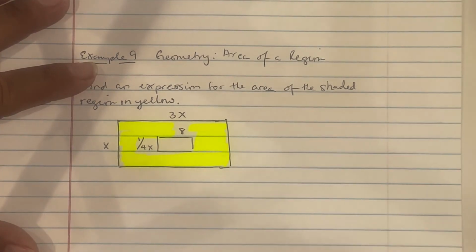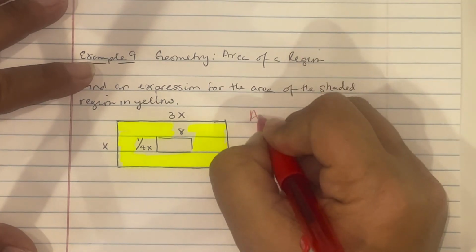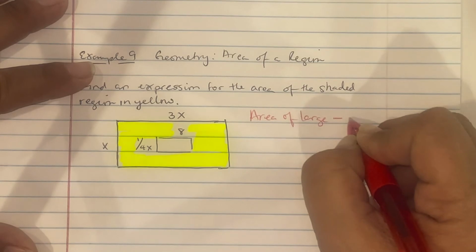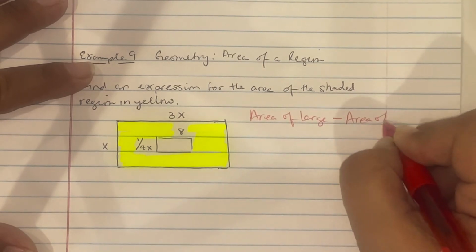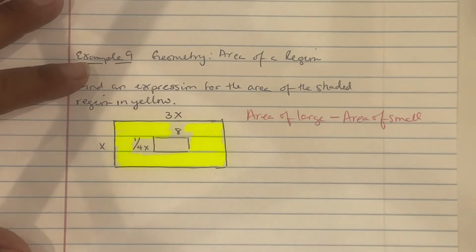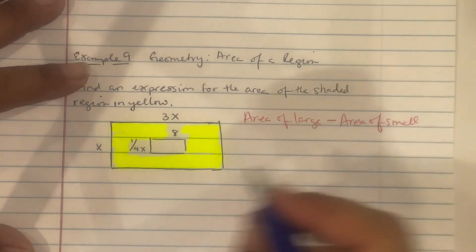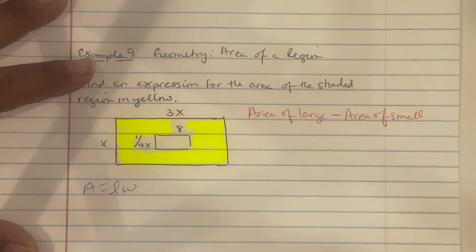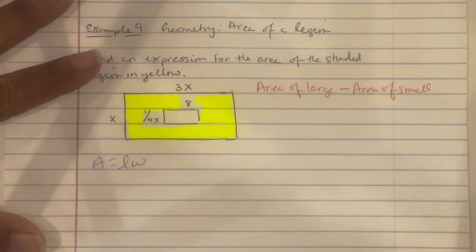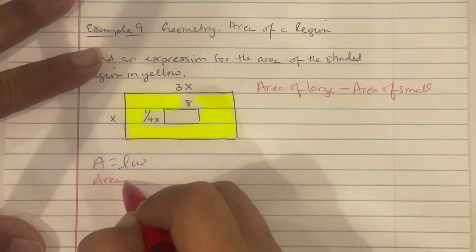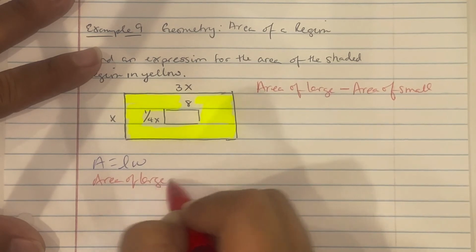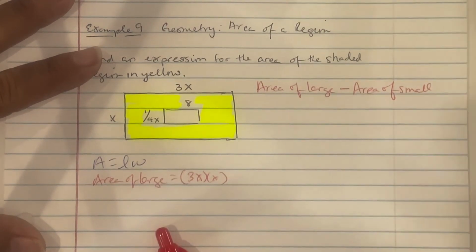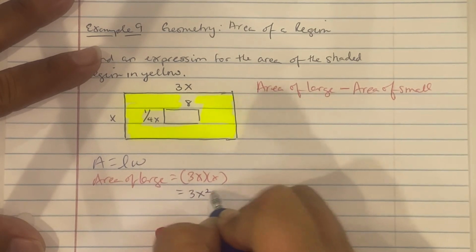So in order to do this problem, we want the area of the large minus the area of the small. So remember that the area of a rectangle is length times width. So the area of the large is going to be 3x times x, so it's 3x squared.